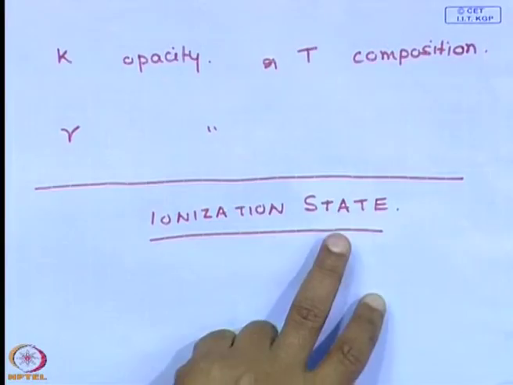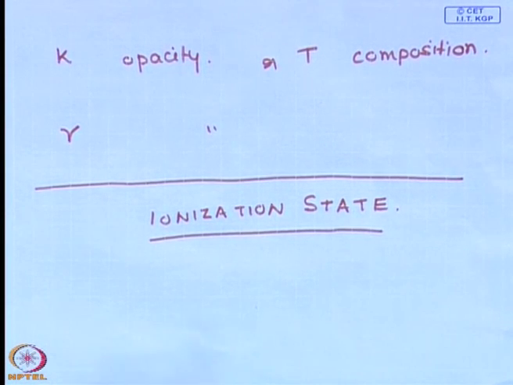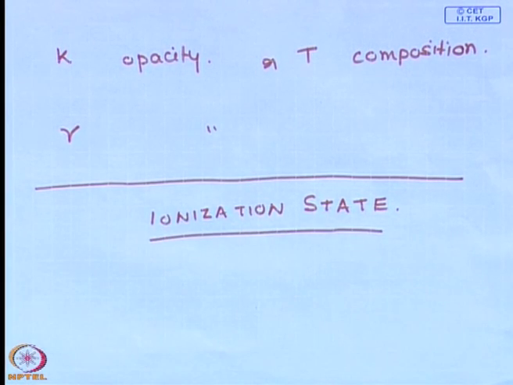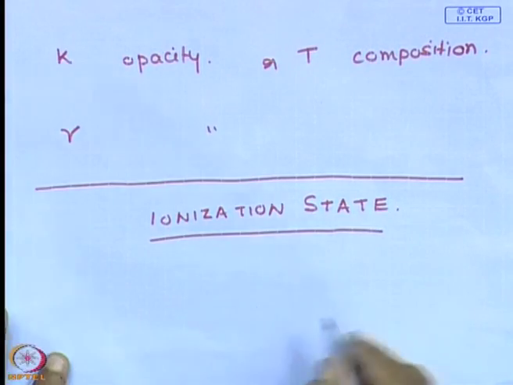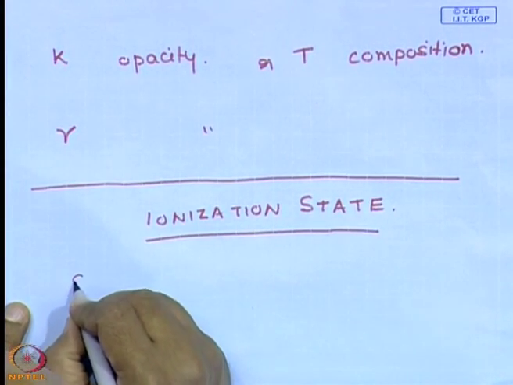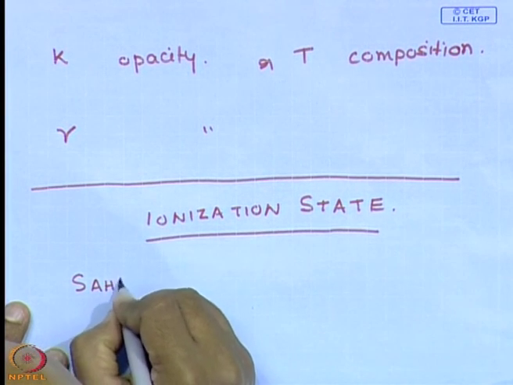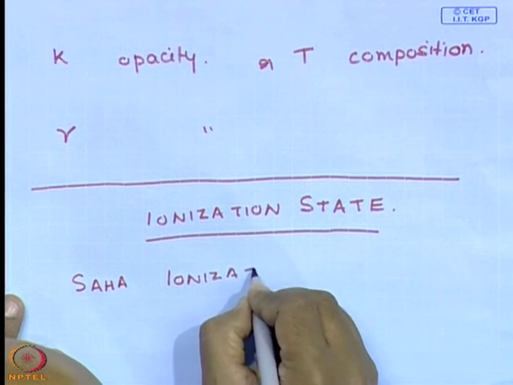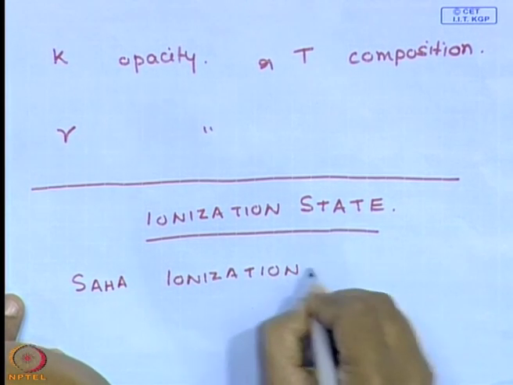So, one needs to solve for the ionization state of the material inside a star simultaneously with all of this. And the ionization state for any species tells us what is the ratio of the fraction that is ionized to the neutral fraction. So, you have to calculate essentially this, and this has to be calculated using the Saha ionization equation.